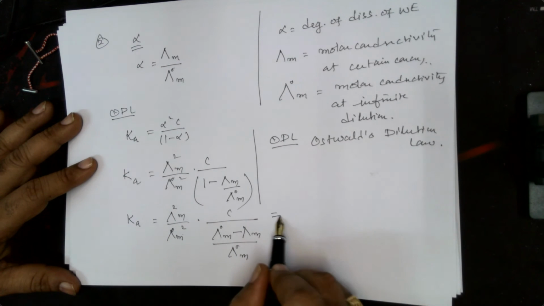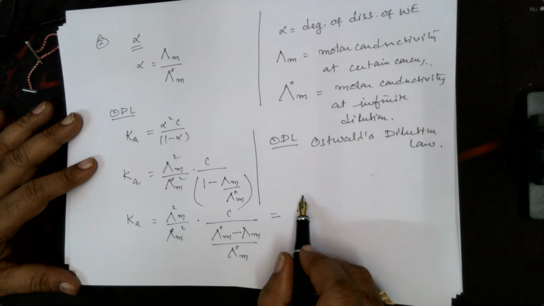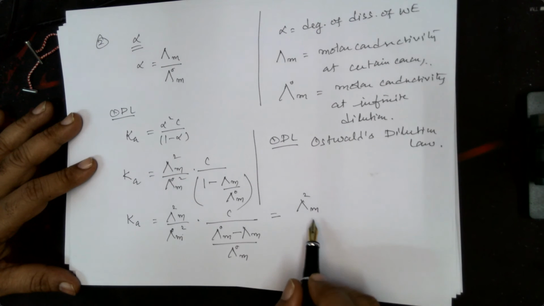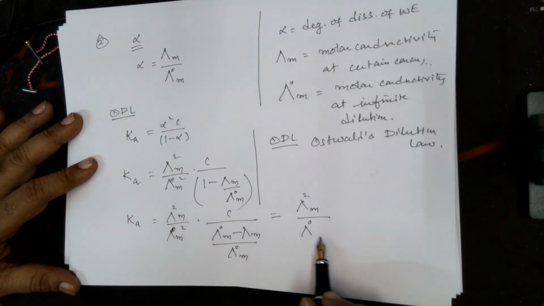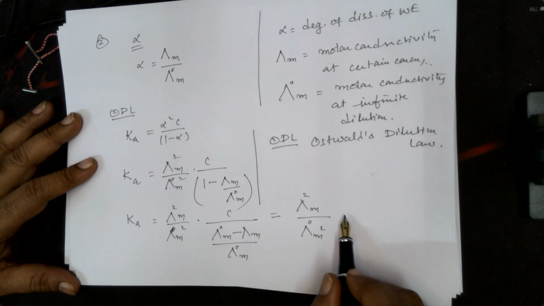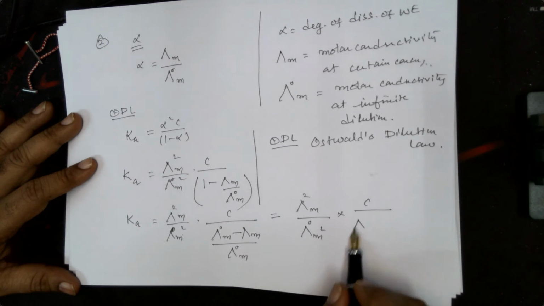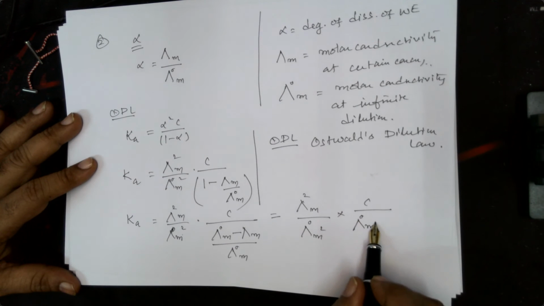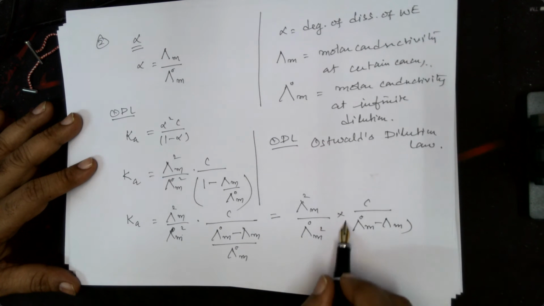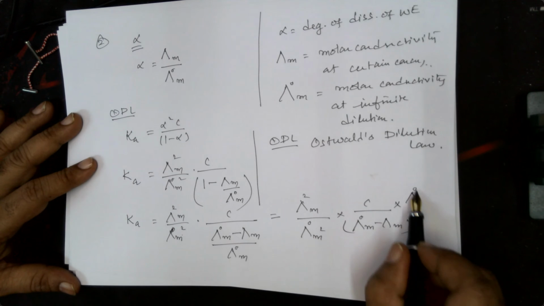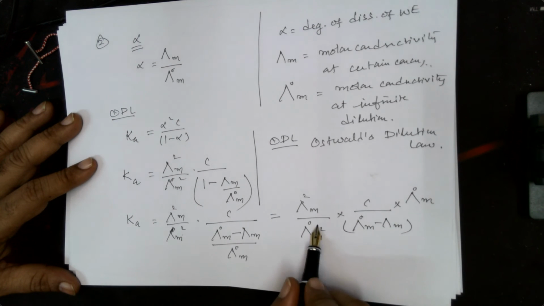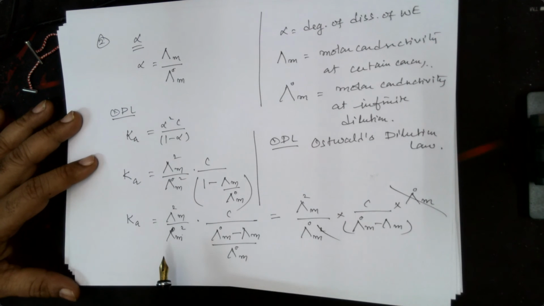Okay, we can reciprocate this. So lambda squared m divided by lambda naught m, that is at infinite dilution, into C divided by lambda naught m minus lambda m into lambda naught m. So we can strike out the square. Got it?